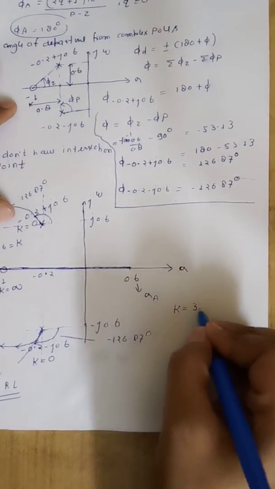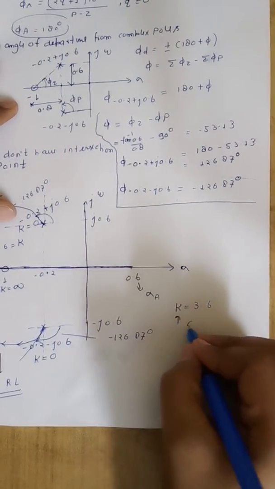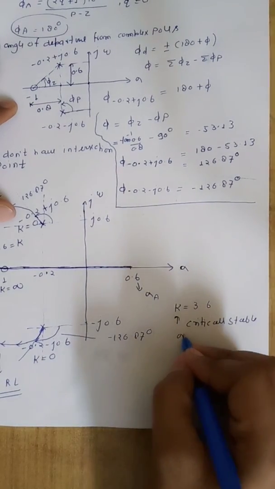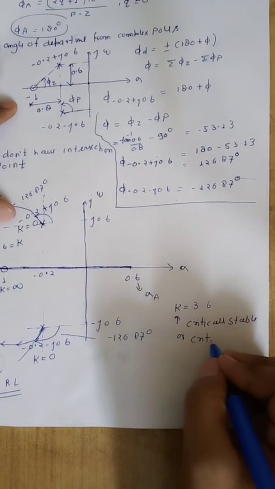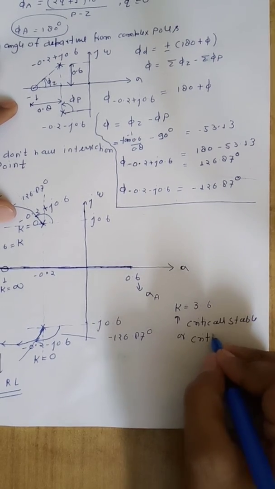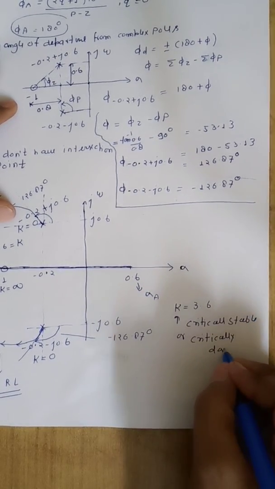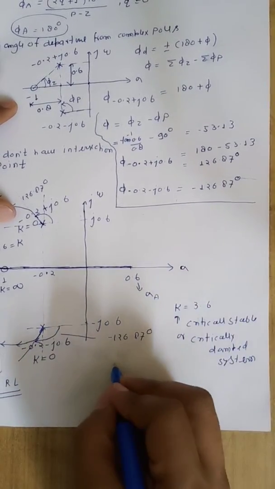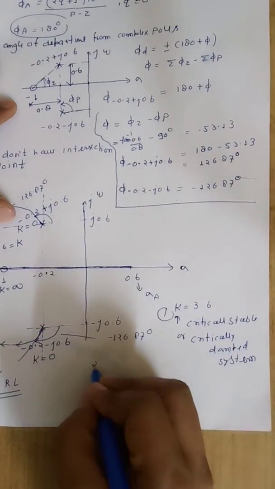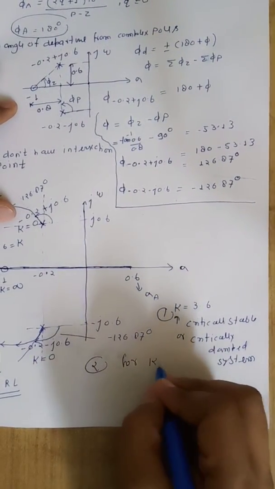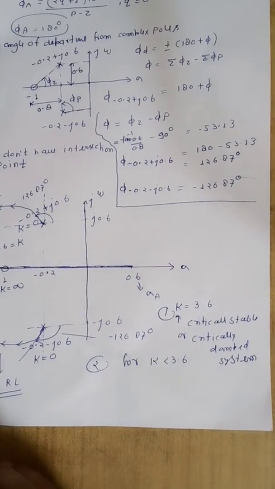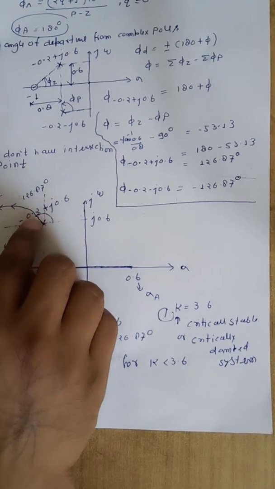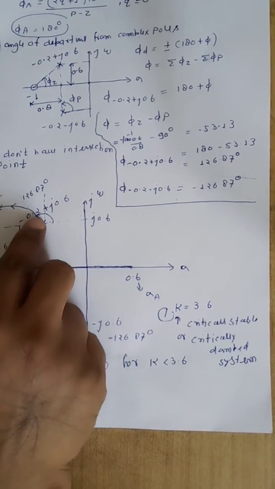For k equal to 3.6, we have a critically stable system or critically damped system. For k less than 3.6, what will happen? जब k की वैल्यू 3.6 से कम होगी, we have roots on this path.